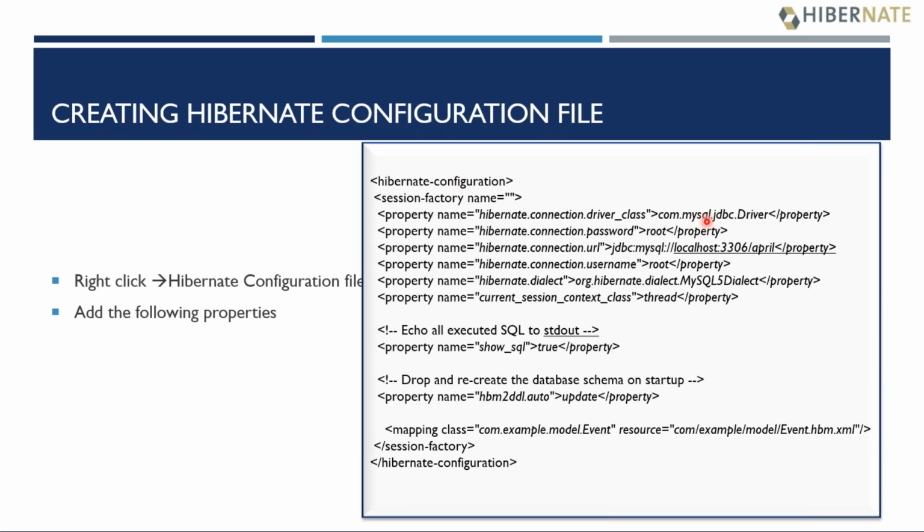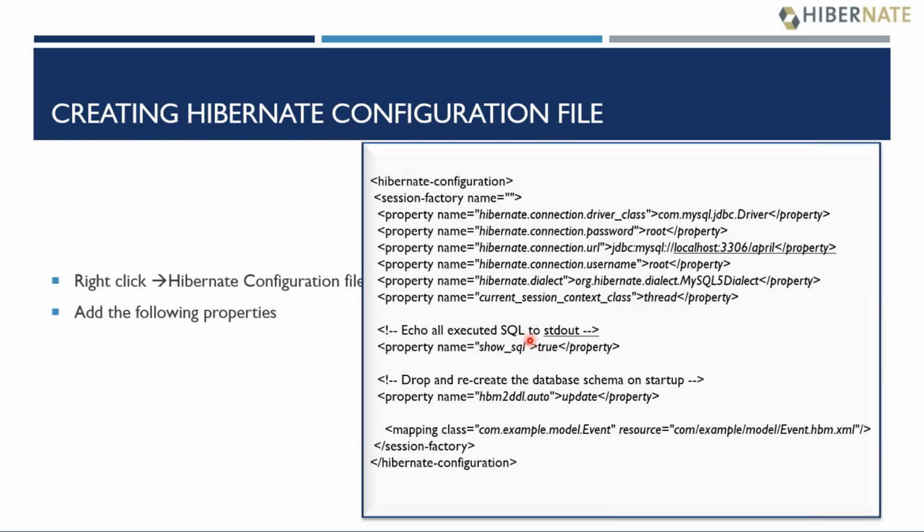Hibernate.connection.driver_class: specify the name of the driver class. Then the password, connection.url, the URL to connect with the database, and the username, and what is the database you're using. And then the connection strategy, thread based, and echo all the executed SQL to the standard output.